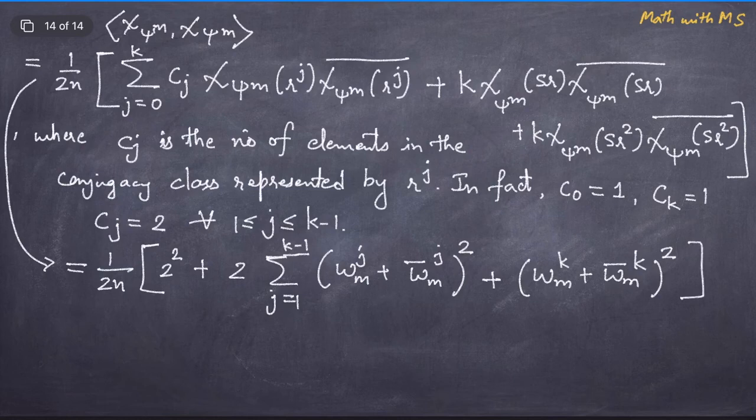So let us try to simplify this. This equals 1 by 2n into 4 plus 2 times summation j from 1 to k minus 1.